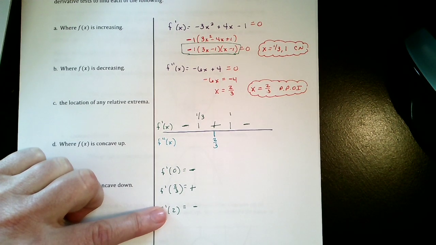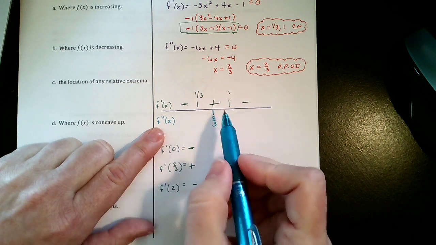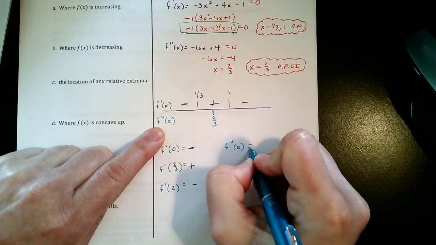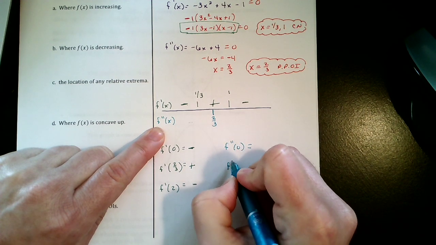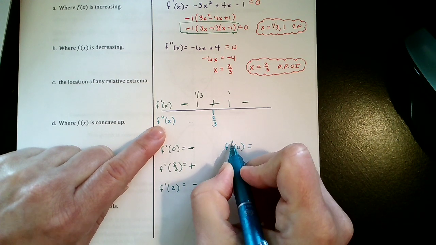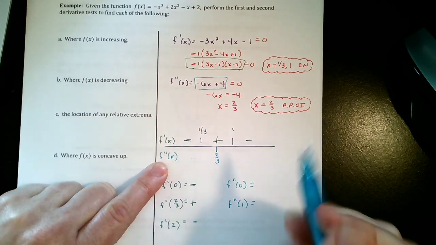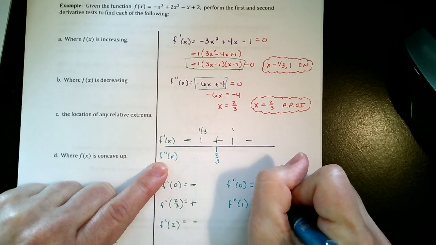Okay? And now I'm going to do the same thing with my second derivative. A number to the left of 2/3 would be 0, and a number to the right of 2/3 would be 1. But this time I'm putting them into the second derivative, which is this guy right here. So if I put 0 in there, negative 6 times 0 plus 4 is positive.